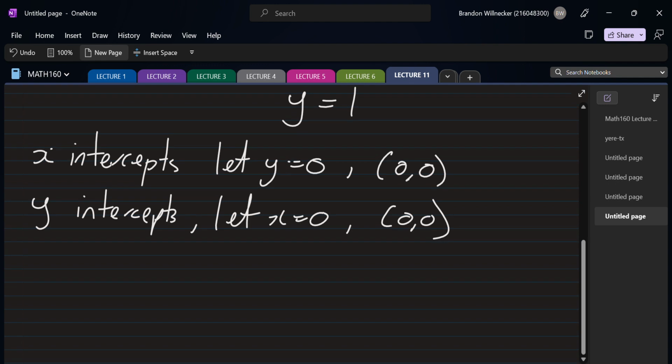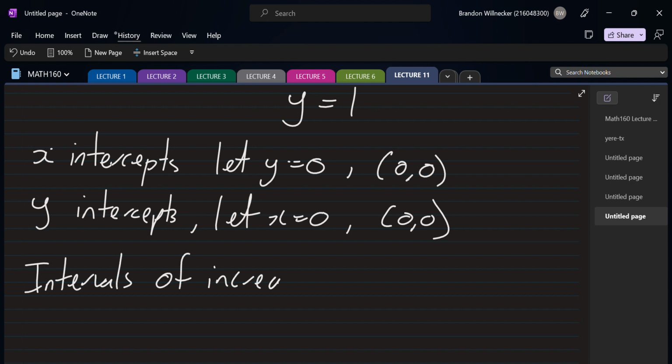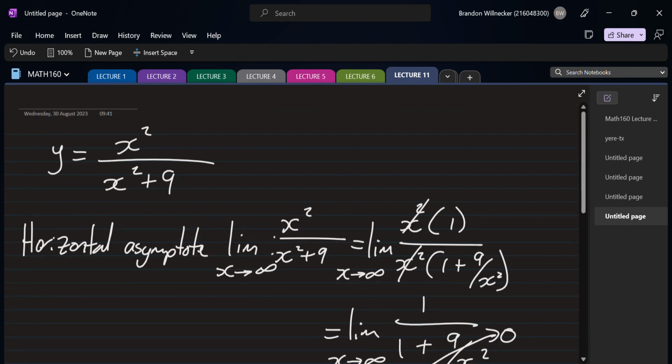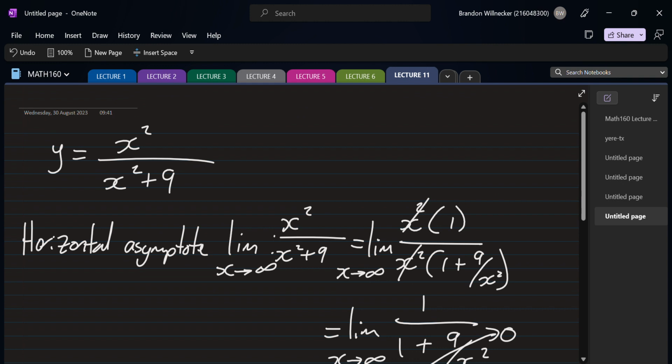Next, intervals of increase and decrease, and local max and min. So we need to calculate the gradient, or the first derivative, so that's going to be y prime. We see we've got a quotient of things, so we use the quotient rule. Please do not differentiate just the top and the bottom. That's wrong. I've seen quite a few students doing that.